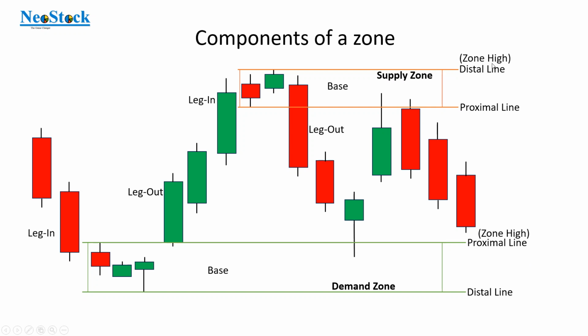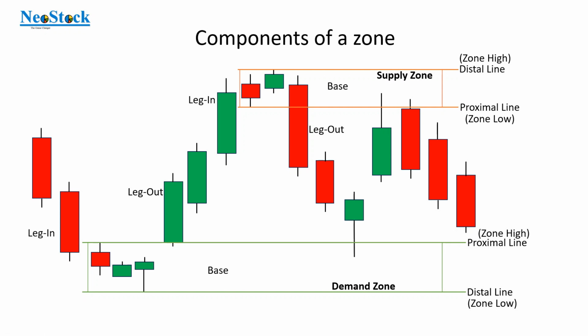This is also called the zone high. Now look at the low of this demand zone. This is called the zone low. In exactly the same way, the low of the supply zone is called the zone low. The terms zone high and zone low are very important.